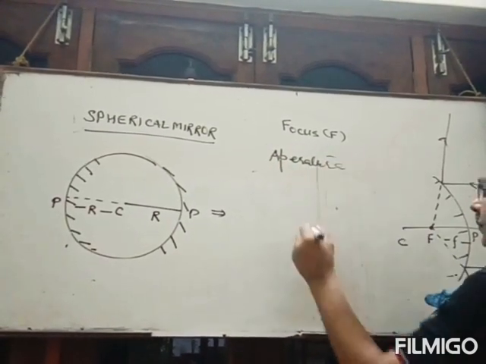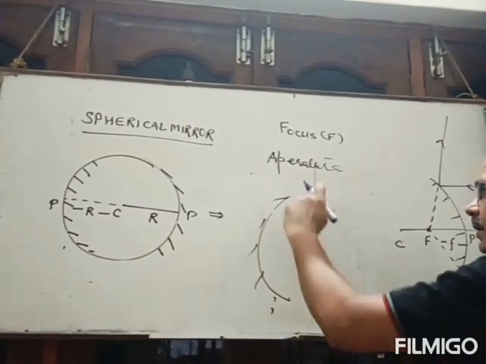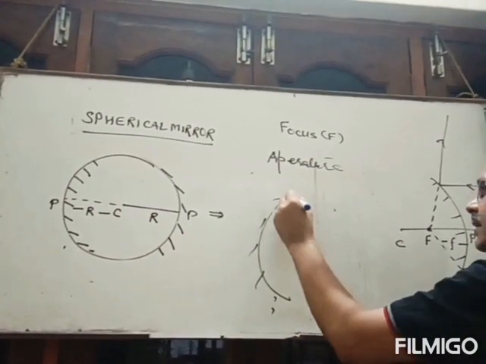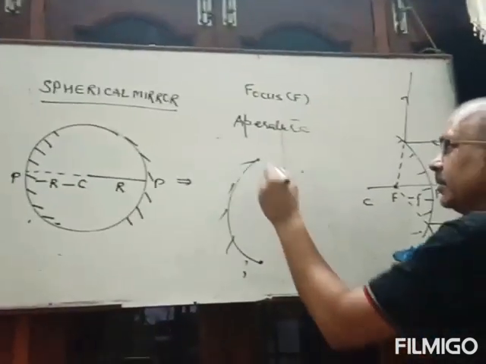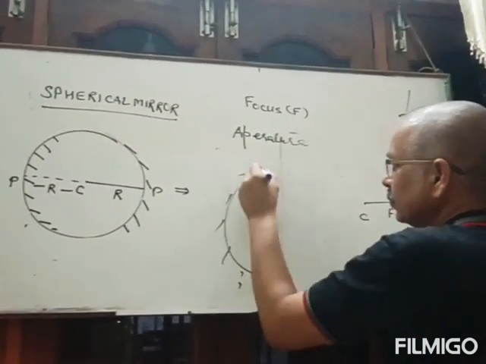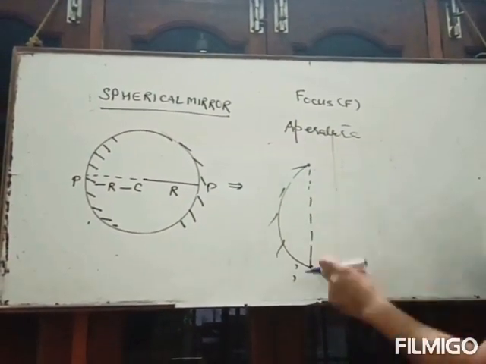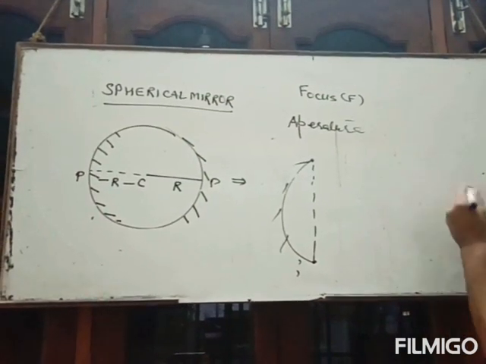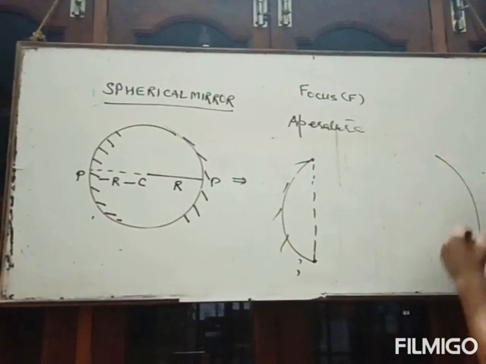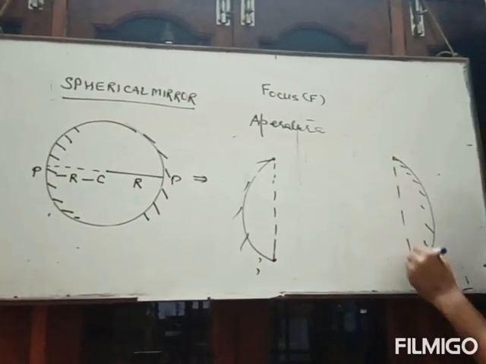Aperture. Suppose this is a concave mirror, and this complete reflecting surface, and these two points are the exterior points of the reflecting surface. So this perpendicular distance between the exterior points of the reflecting surface of any spherical mirror is called the aperture.